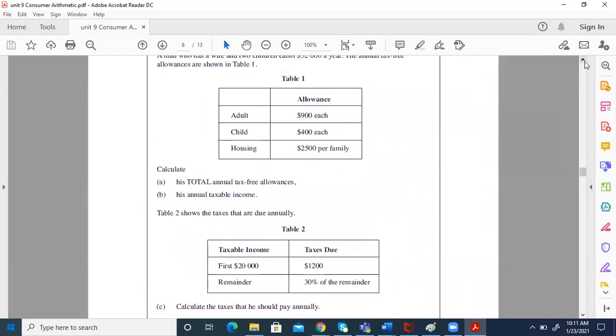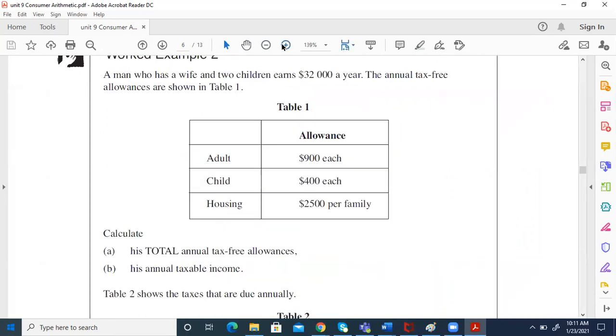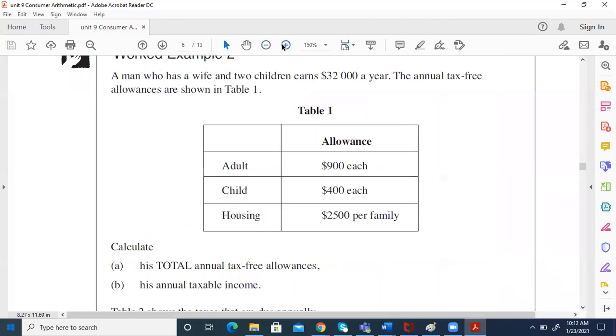So it says calculate his total annual tax-free allowances, and then his annual taxable income.